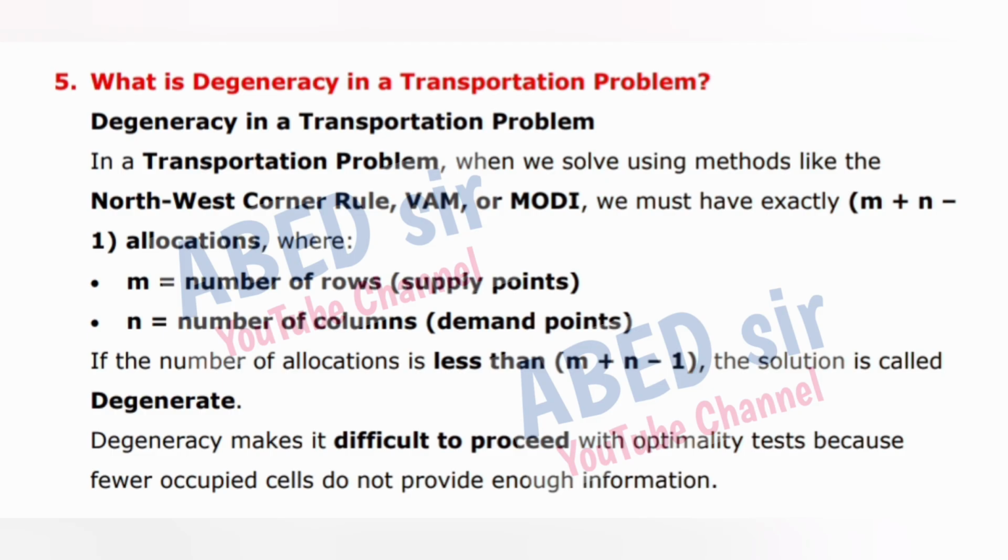If the number of allocations is less than m plus n minus 1, the solution is called degenerate. Degeneracy makes it difficult to proceed with optimality tests because fewer occupied cells do not provide enough information.